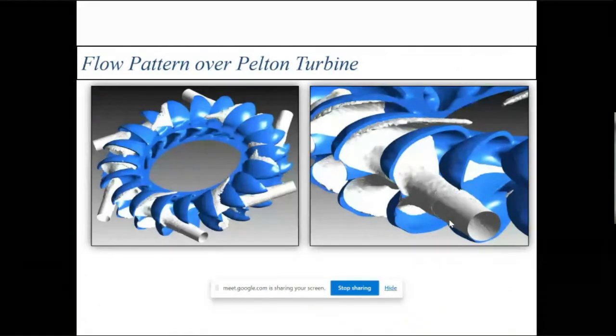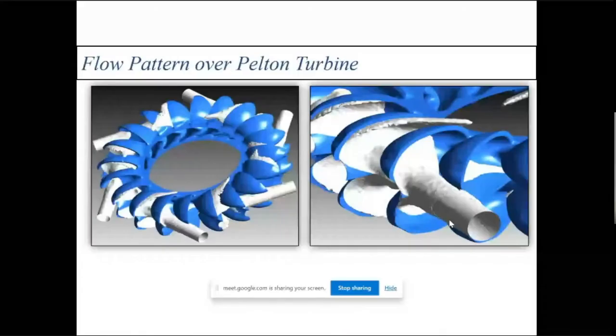Because if you make a denser mesh, the effect on the output parameter is not significant. So we decide the optimum number of mesh elements for different applications. In hydro turbines, generally the optimum number of the mesh will come to about 20 million. For different applications, it may be different.